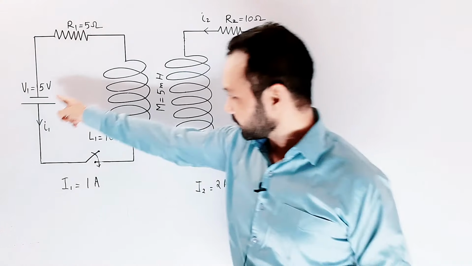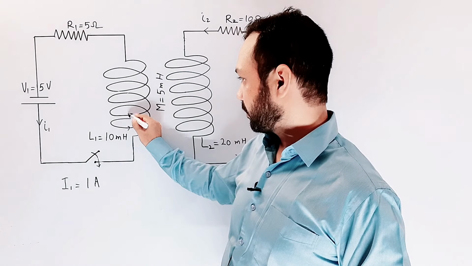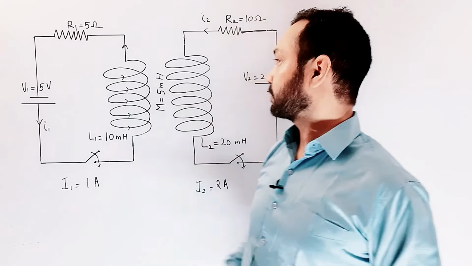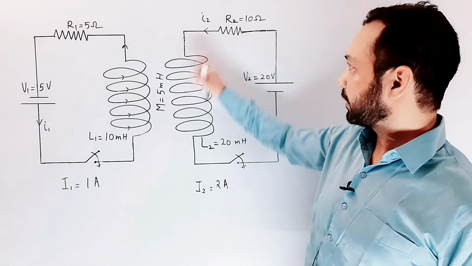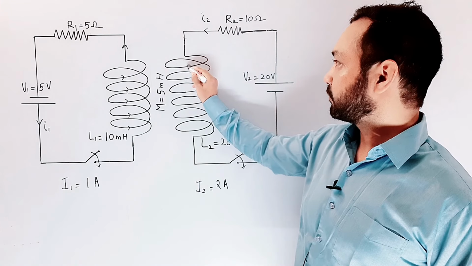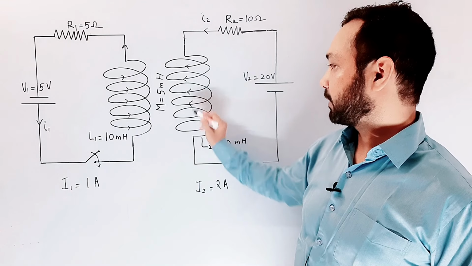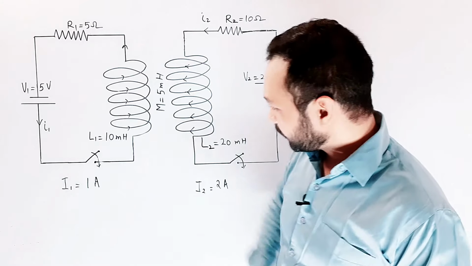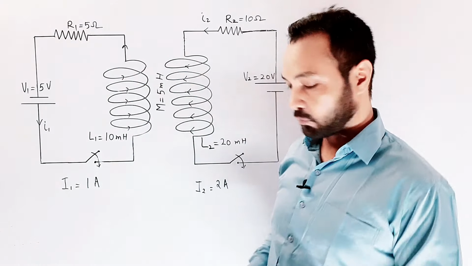Because of this intermediate current, the current in this coil will go like this, like this, and it will come out. And the current in this coil will come here, go like this, and so on. So I want to draw the magnetic field lines of the current in this coil.